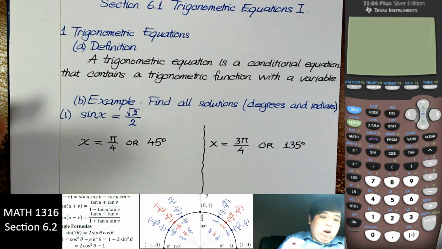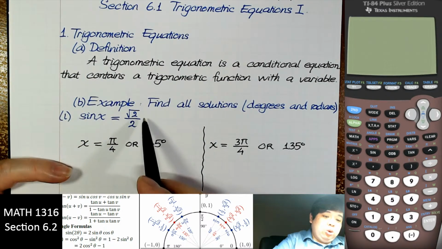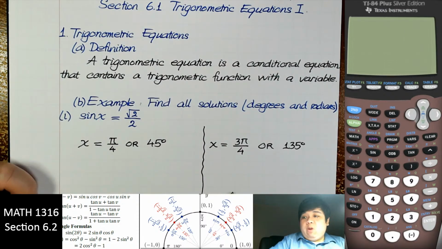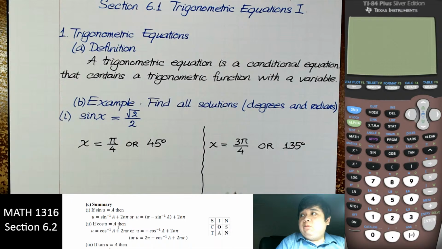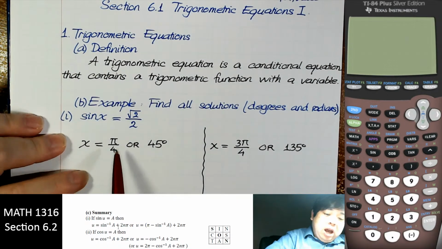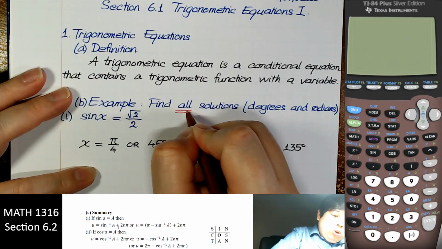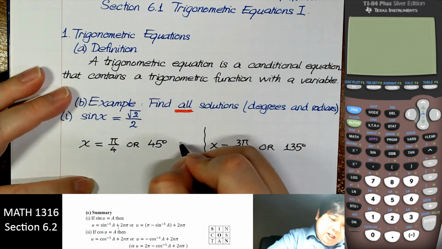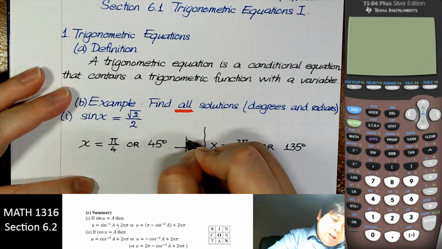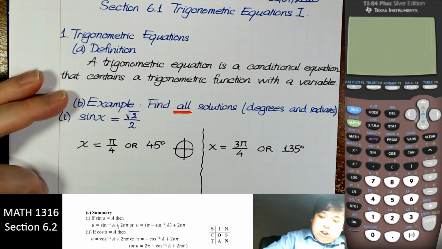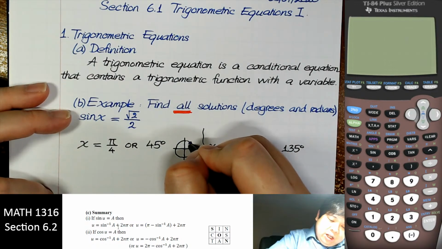But what happens if we don't have the nice values like square root of 2 over 2? We could have something like 0.4. We need a more general formula. Certainly we go to the general formula, but before that, let's note that when we have the answer, if we want all the solutions, when we have one point, just this one, 45 degrees corresponds to the point here.